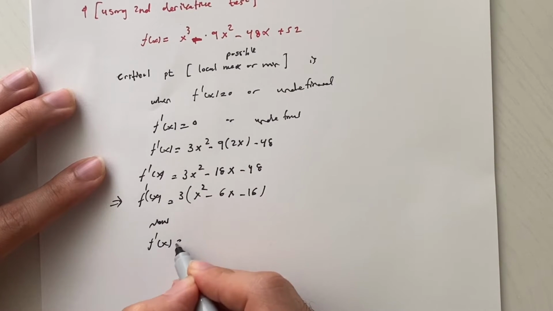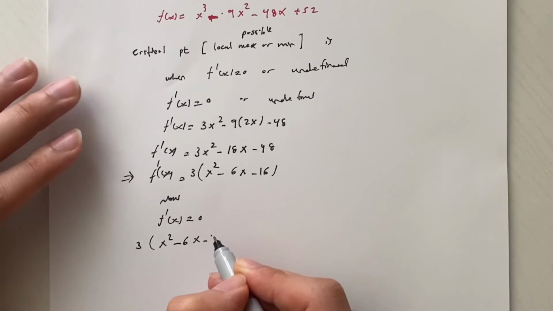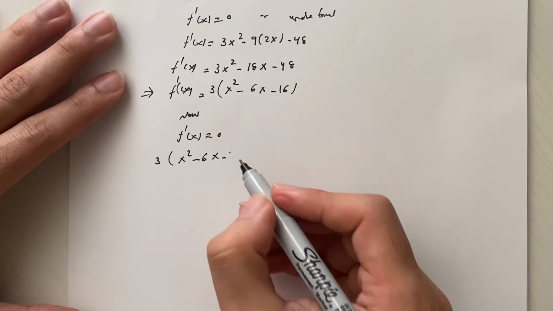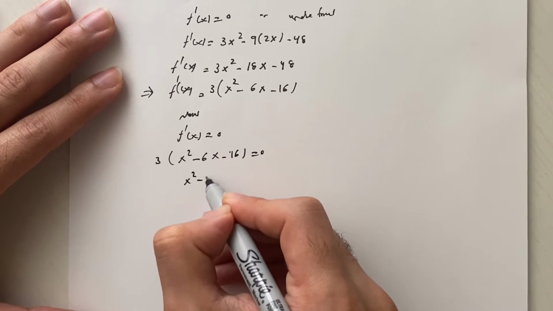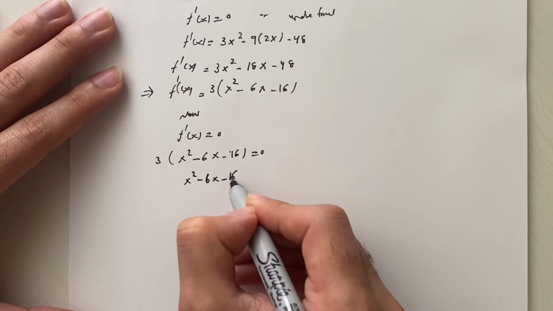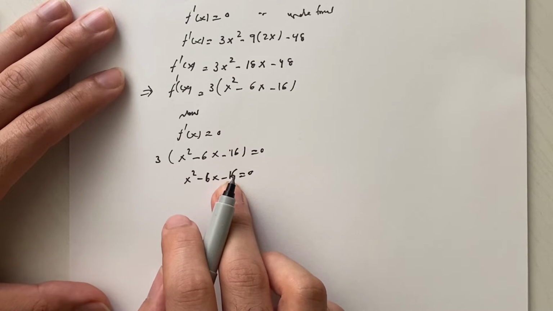Now f prime of x equal to 0 means 3 multiplied by x squared minus 6x minus 16 equals 0, and we're left with x squared minus 6x minus 16 equal to 0.